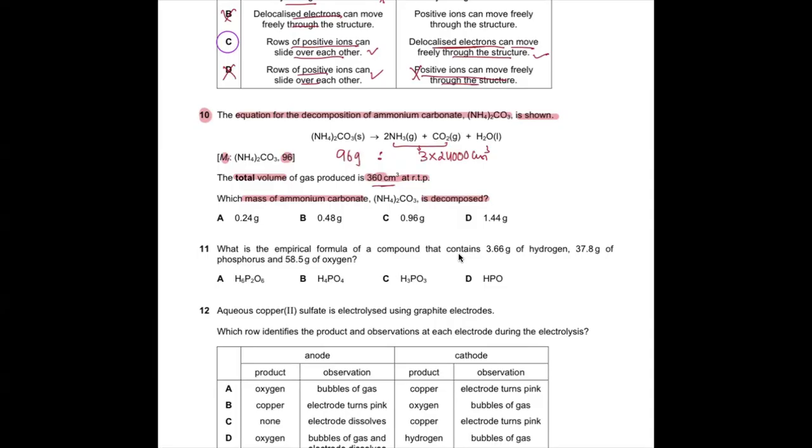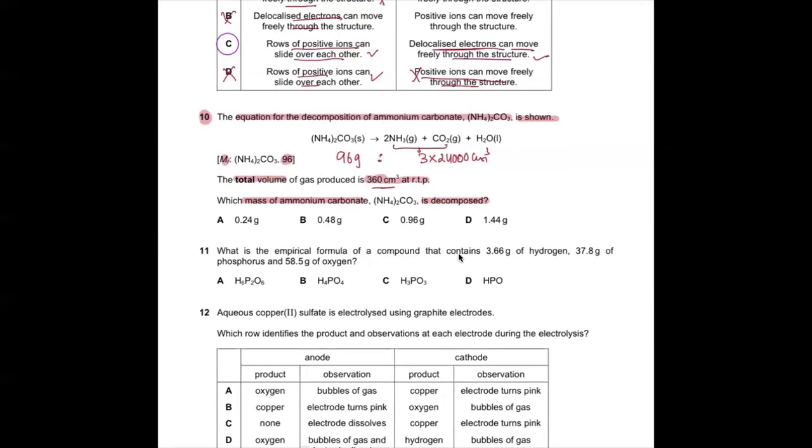Is this understandable to all of you? Yes? Yes. So what we did, this is 1 mole, so the mass of 1 mole is its Mr. And there are 3 moles of gases, and we know each gas occupies 24 dm³ or 24,000 cm³.